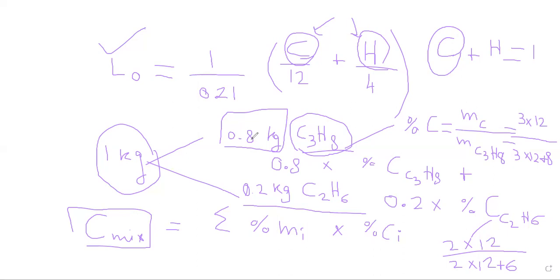So any question on this? Okay, so we were able to answer the first part. Now, in the second part, they are asking us to calculate the change in volume during the combustion process.